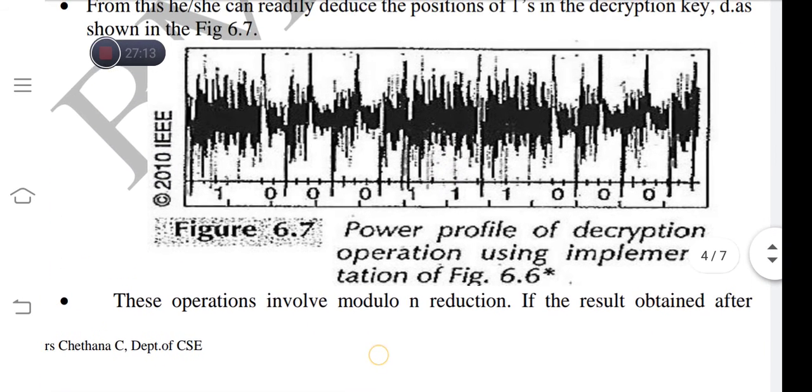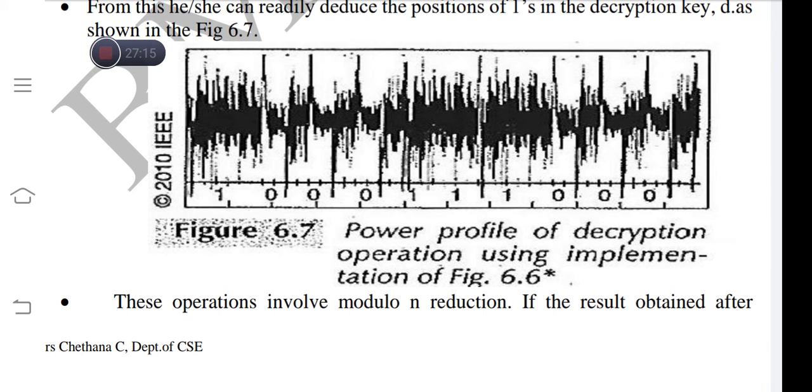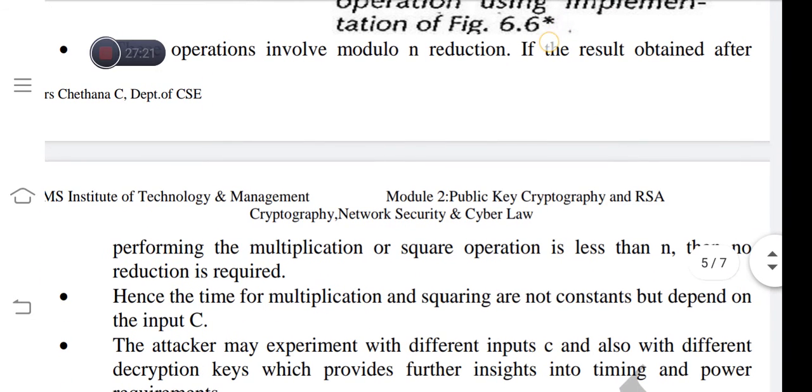This operation involves modulo n reduction again, as we know, and if the result obtained after the multiplication or square operation is less than n, then no reduction is required. For the smaller values, no reduction is required.